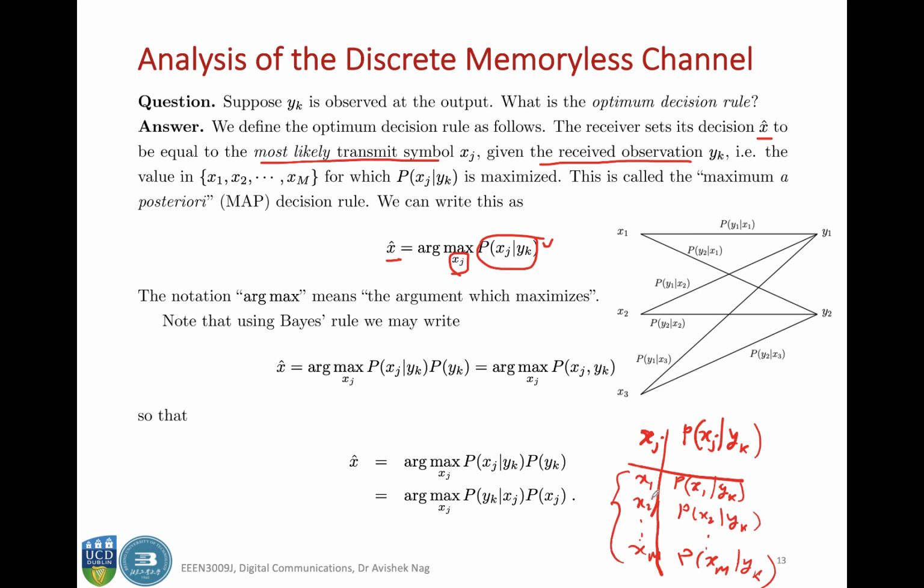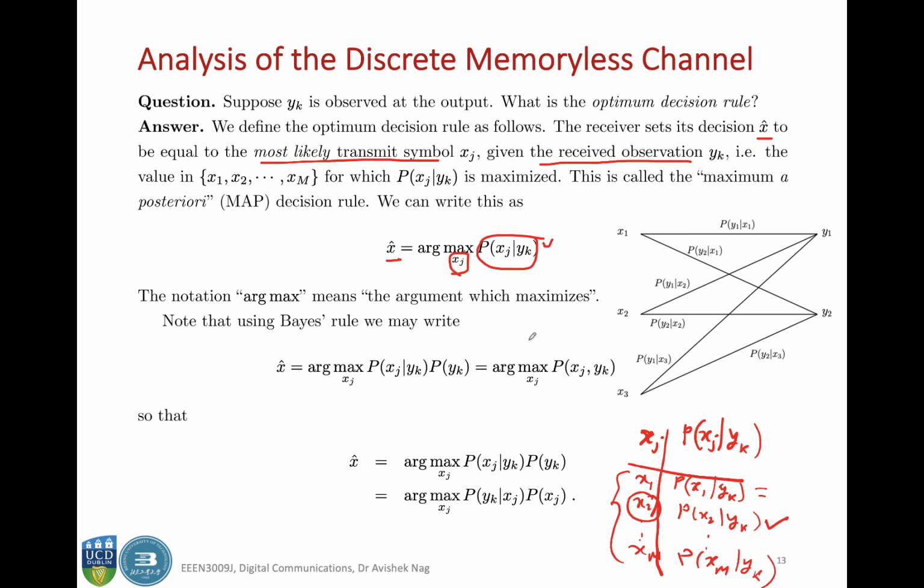So let's say for x2 this probability is maximum. So that means your x hat will be equal to x2, okay, according to this optimum decision rule.